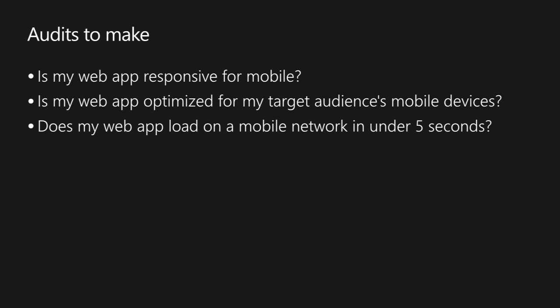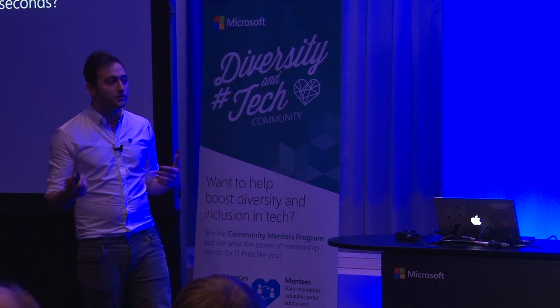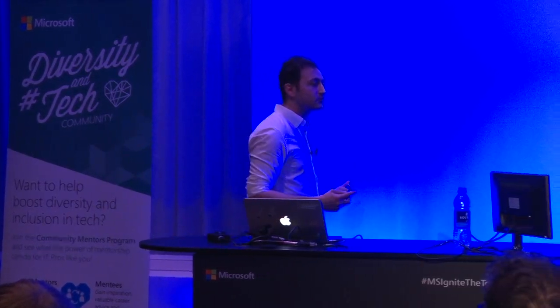It's responsive on mobile. It works on your users' devices. And I can't know what your users' devices are. You should check it out yourself based on analytics. So check, is my audience using, I don't know, all of them are using iPhones, or all of them are using old Androids, or cheap Androids, or expensive Androids? So ask yourself this question.